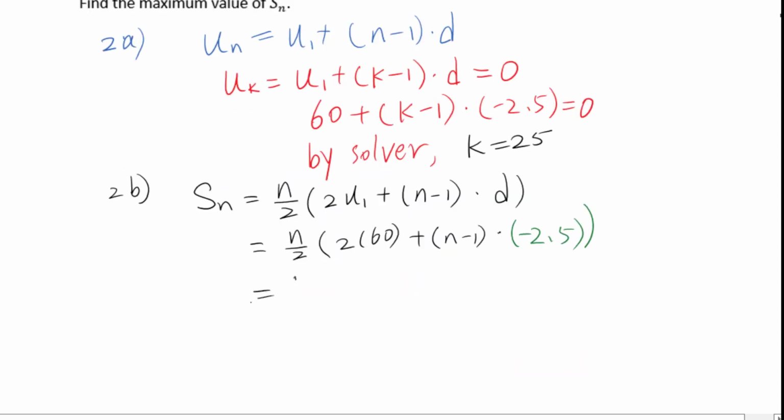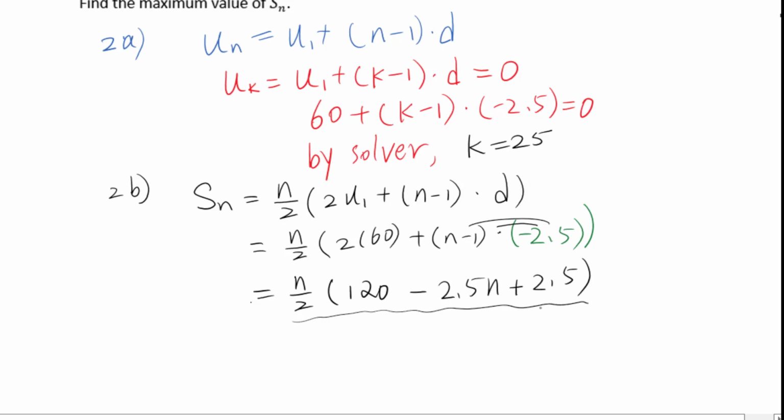Let's organize: n over 2 times 120 minus 2.5n plus 2.5. We will put this into the graphing calculator to figure out the maximum.